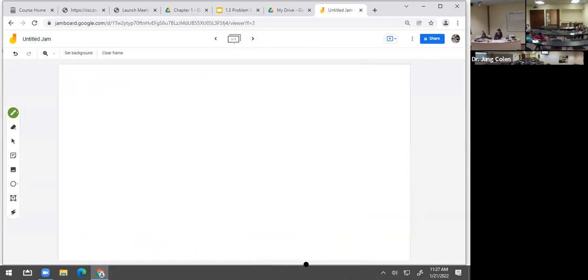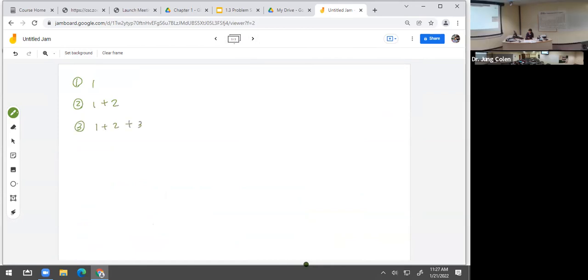So we are given the first term as one dot and one triangle. The second number is 1 plus 2. The third number is 1 plus 2 plus 3. The fourth number is 1 plus 2 plus 3 plus 4. And so on and so on.